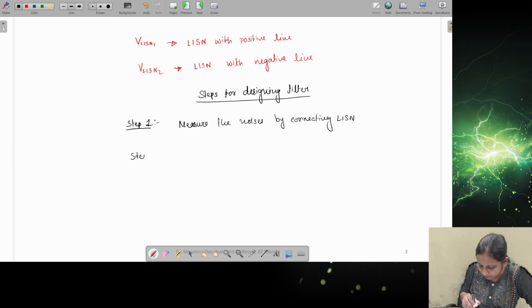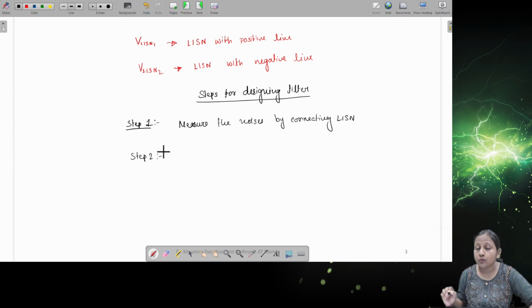Step 2, we need to separate two different noises. Now we have noises, but we don't have information about the different noises.